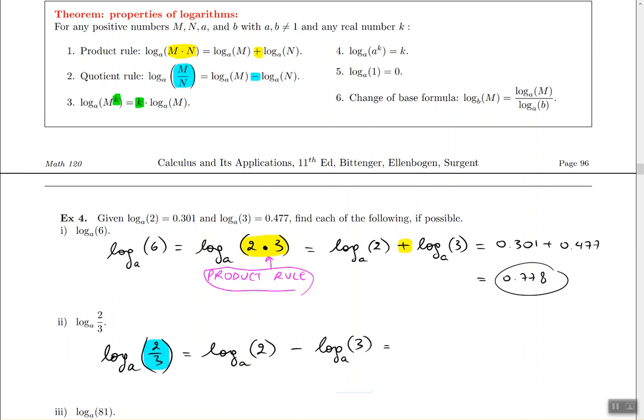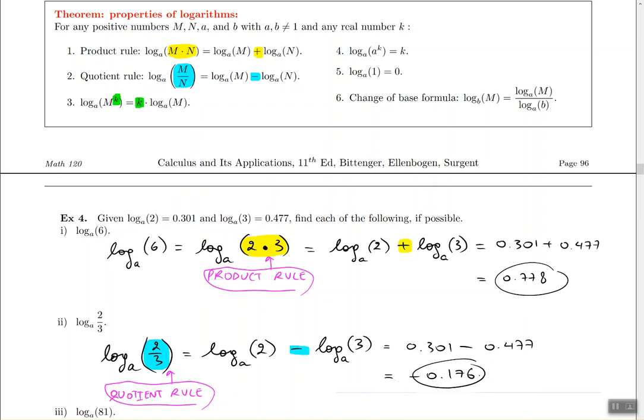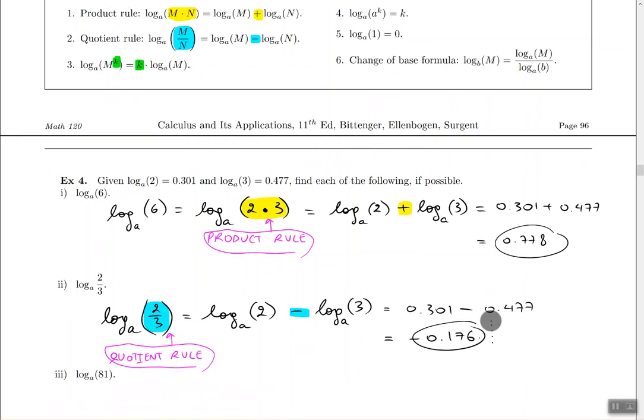The first one is 0.301, the second one is 0.477, and when you subtract them in your calculator, you get negative 0.176. And that's the solution right there. These were called the product rule and the quotient rule. Let's keep going and take a look at the next one.